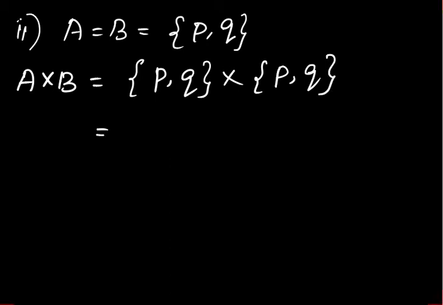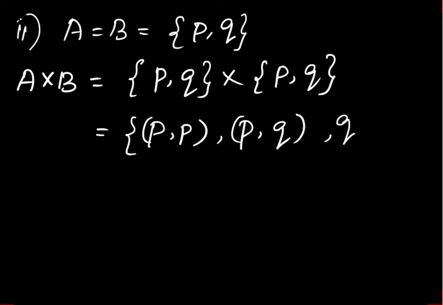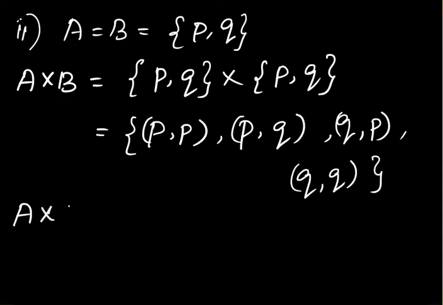Start with the first element P. So we will get P comma P, P comma Q, Q comma P, then Q comma Q. Next will be A cross A. You will get the same answer because both A and B values are same.